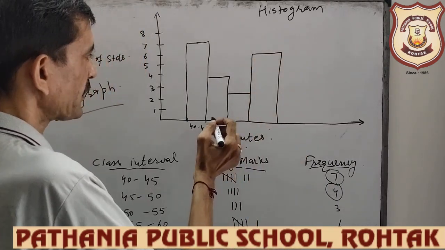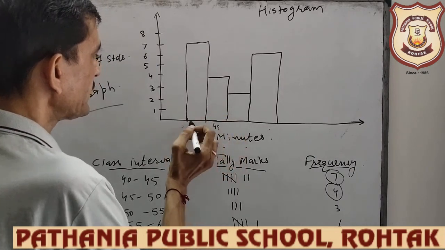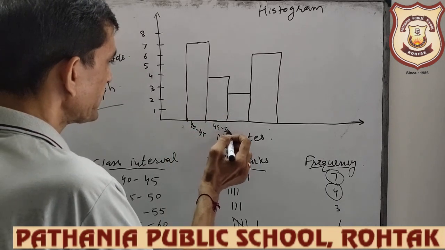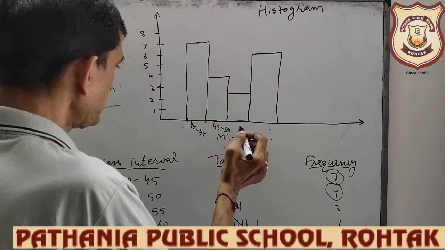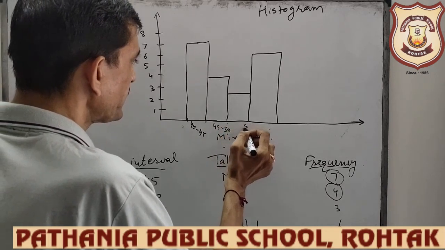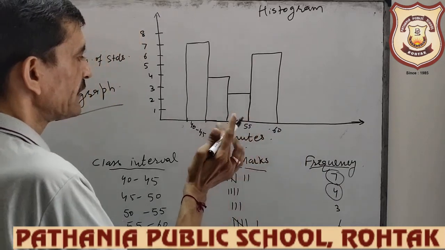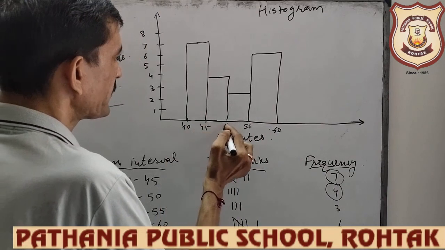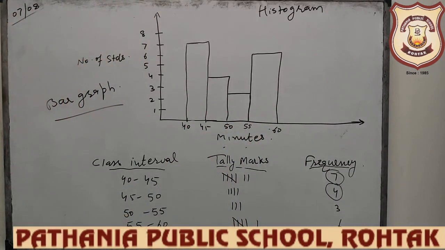This is 40 to 45, this one is 45 to 50, this one is 50 to 55, and this one is 55 to 60. So 40 to 45, 45 to 50, 50 to 55 and 55 to 60.